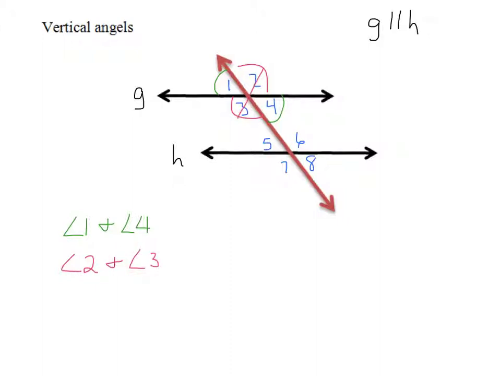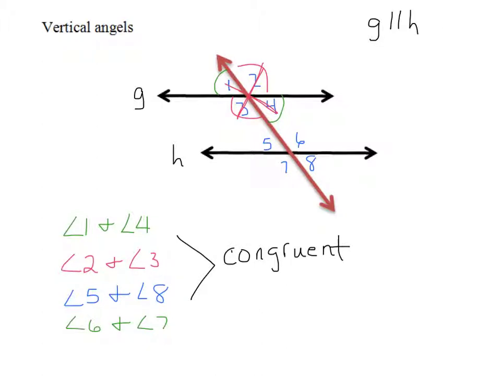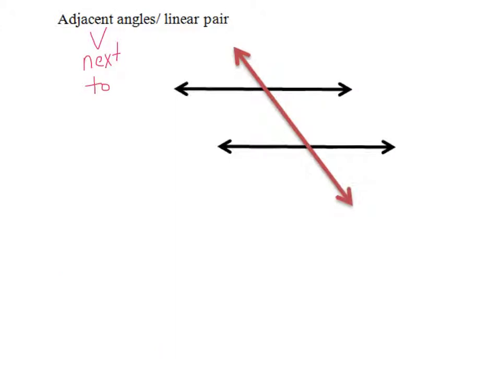See how they're diagonal from each other? Can you find the other ones? Angle 5 and angle 8. Then angle 6 and angle 7. Vertical angles are congruent, so whatever angle 1 is, angle 4 will be the same, and angle 6 will be whatever angle 7 is.